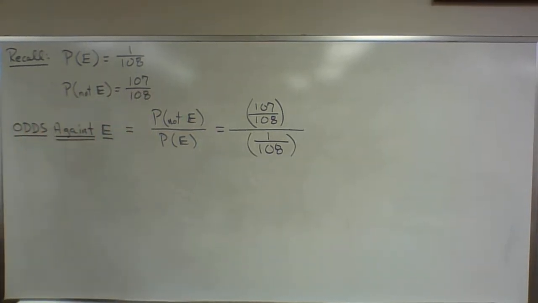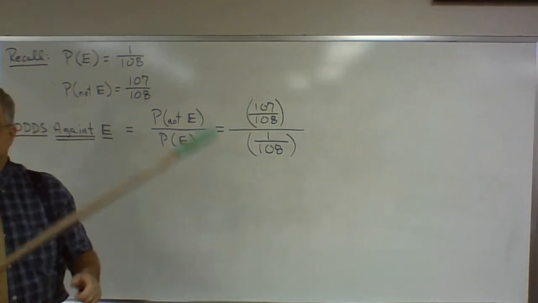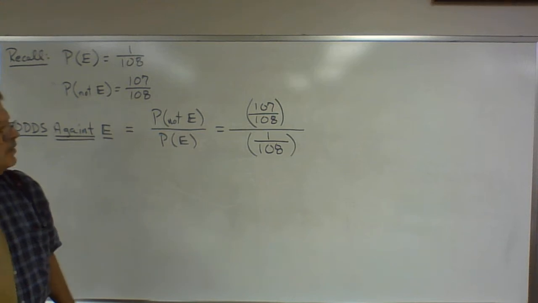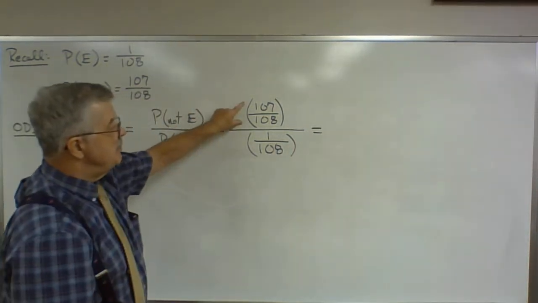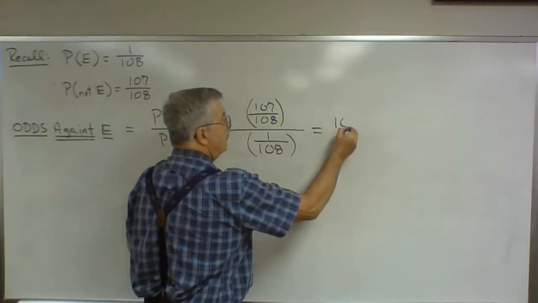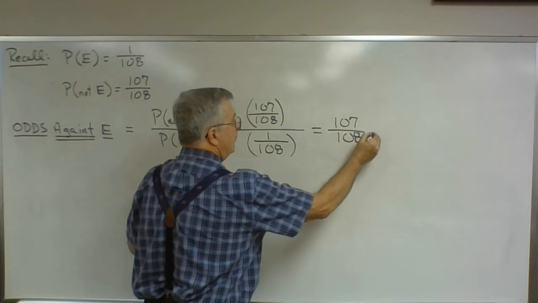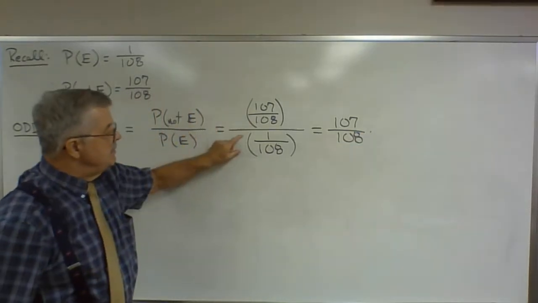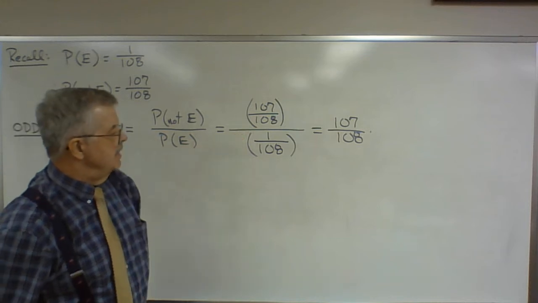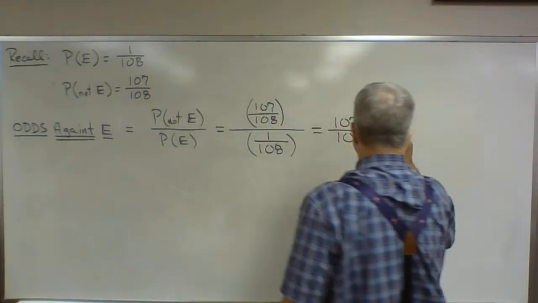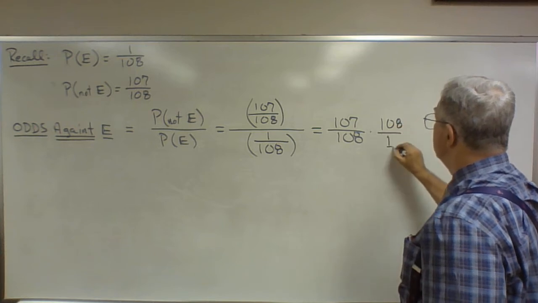Look here. We got a fraction divided by a fraction. So what do we do? We keep the numerator. And we take the denominator and we invert it. We flip the son of a gun. So we're going to get 108 over 1.